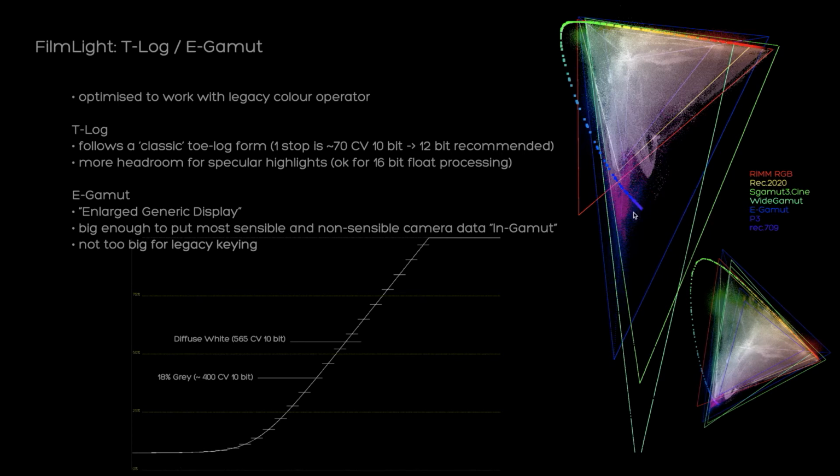This was empirically derived from 50 extreme saturated original camera data supplied by customers. As we can see, many cinema cameras produce very unsensible data under extreme light conditions. This forces us to have quite large working primaries, wider than we would like, which is not necessarily good for other applications like legacy RGB-based keying, etc.